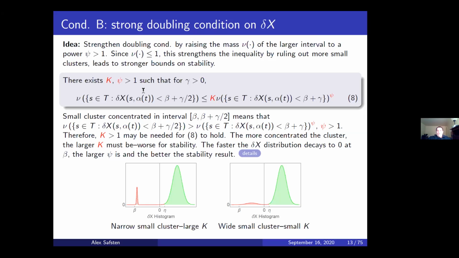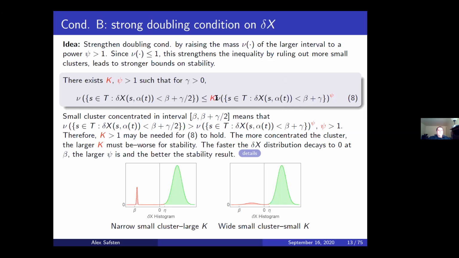So the result, therefore, is we say that the mass of objects s, so that delta x of s is less than beta plus gamma over 2, is less than or equal to k times the mass of objects, so that delta x is less than beta plus gamma, to the power of psi. So psi decreases a little bit the right-hand side, making the inequality sharper.